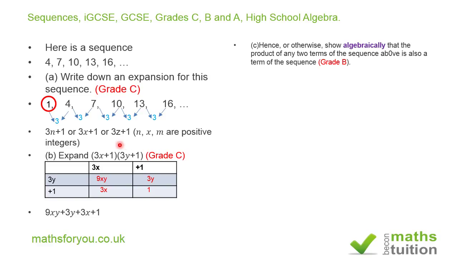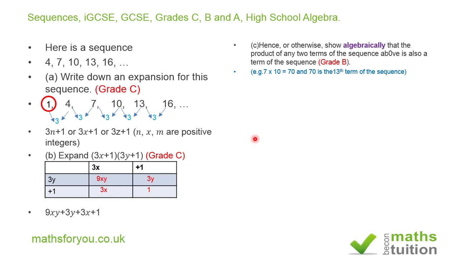So in other words, we want to have something similar to 3n plus 1, or 3x plus 1, or 3z plus 1, whatever. Now what you must not do is say that 7 times 10 is 70, and 70 is the 23rd term of the sequence. That's not good enough. You will not get any marks for that.